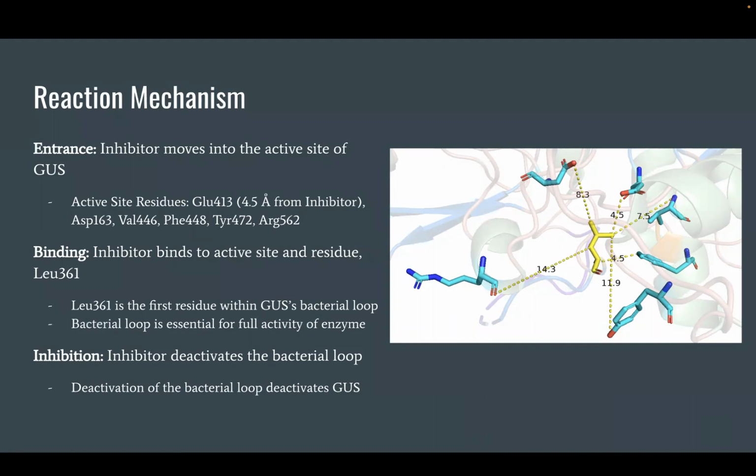The inhibitor performs hydrogen bonding with glutamic acid 413, which is the closest to the inhibitor. The amino acid residues are shown in blue, while the inhibitor is shown in yellow. Once the inhibitor binds the active site, it also has hydrophobic contacts with leucine 361, and it deactivates the bacterial loop, which in turn deactivates the entire enzyme GUS.